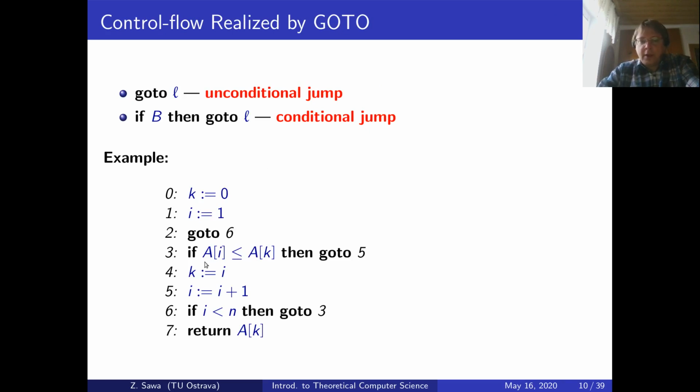So if the given condition is true, then the computation continues on the address specified in this goto, so the next instruction will be this one. Or if the given condition is false, then the next instruction is the next one, here the instruction on address 4.